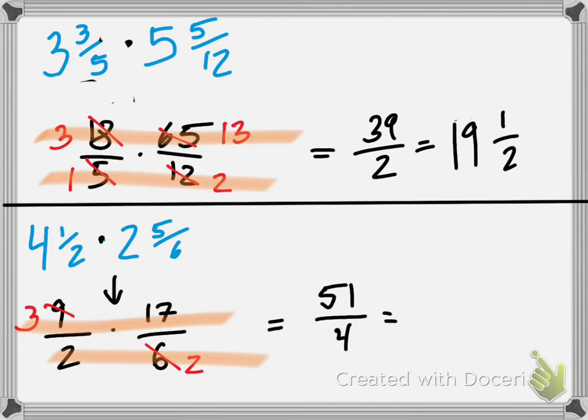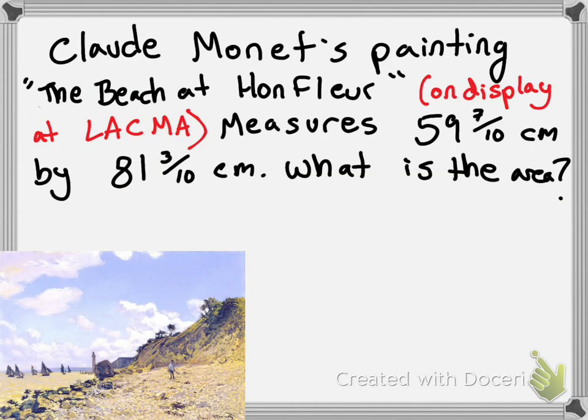So, Delaney, how many times? 12 times. Goes in 12 times without going over. Amelia, what is 4 times 12? So it's 48. I'm going to take that away from 51, and I'm left with 3, and my denominator stays the same. So I get 12 and 3/4.